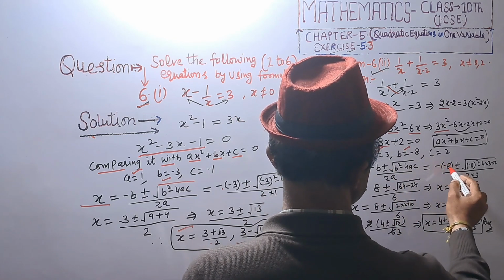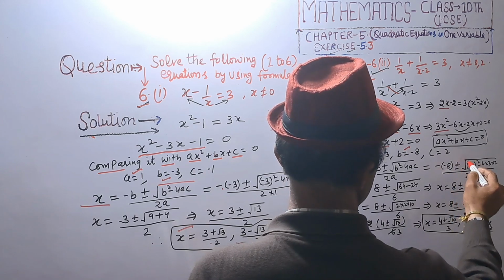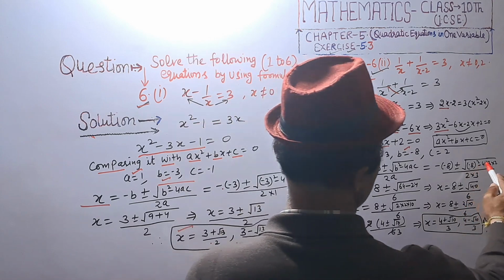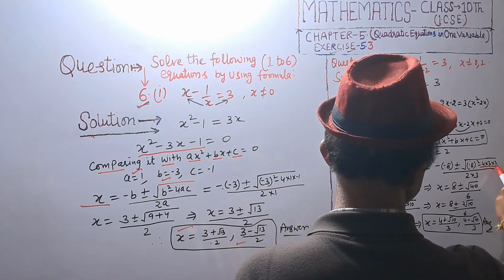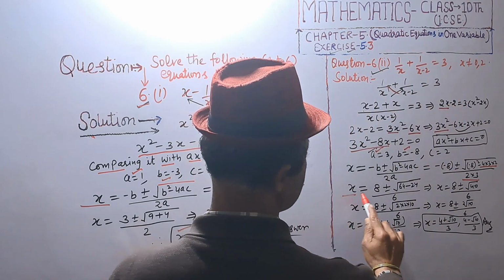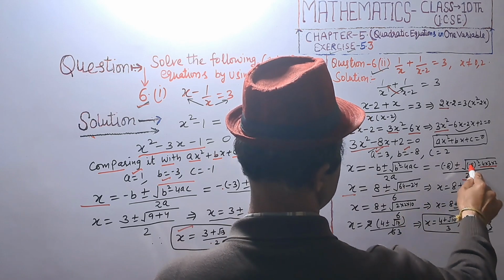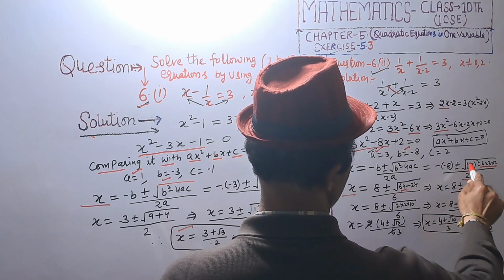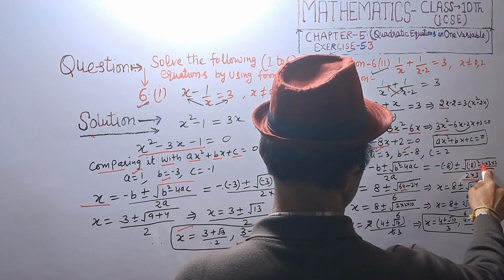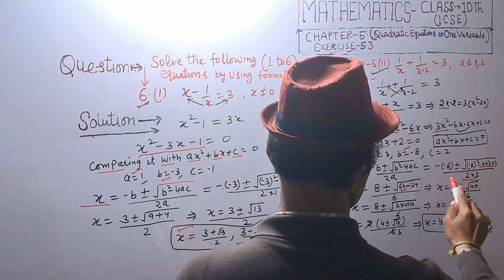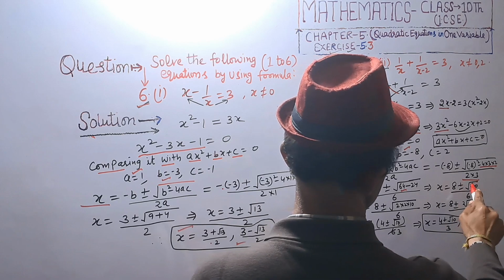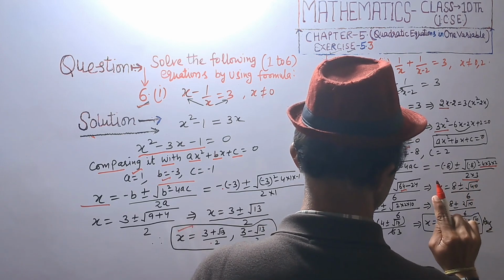Minus b is minus 8 plus minus root b square is minus 8 square minus 4 into a is 3, c is 2, divided by 2 into a is 3, and x is equal to 8 plus minus 8 square equal to 64, minus that will be positive, minus 2 4s are 4 3s are 12, 2s are 24, divided by 6, x equal to 8 plus minus root 40 divided by 6.